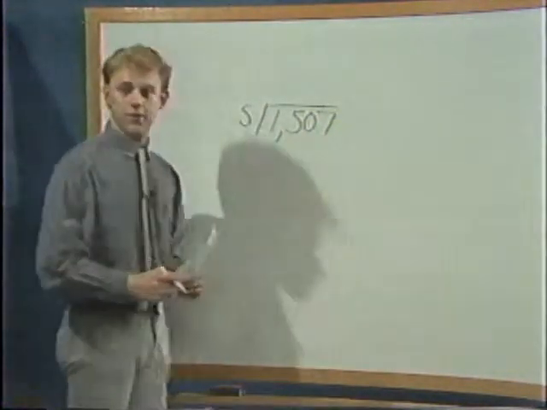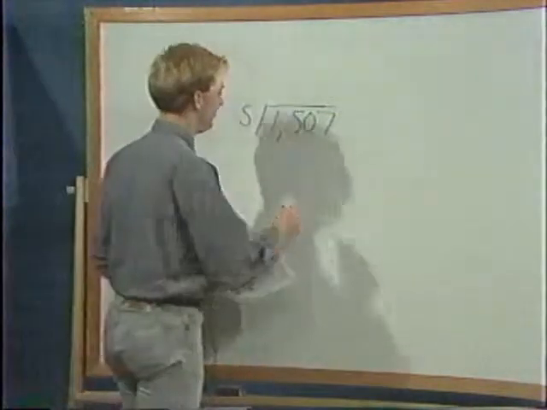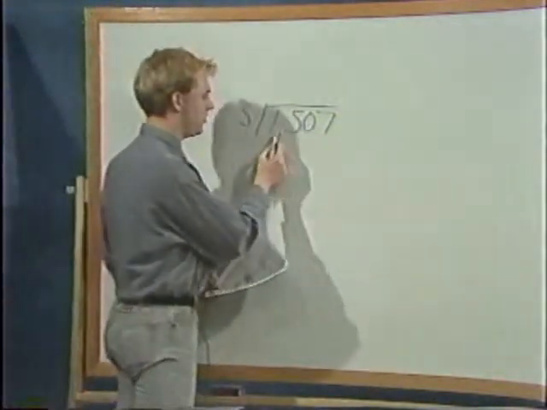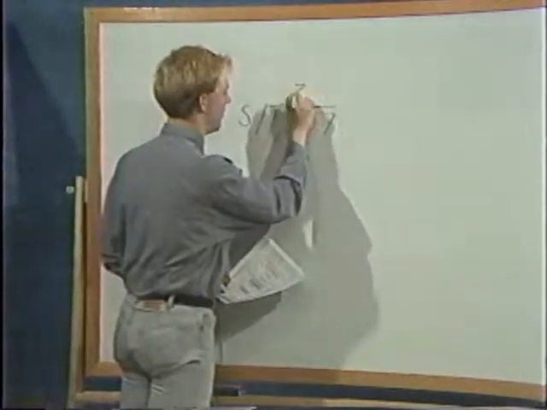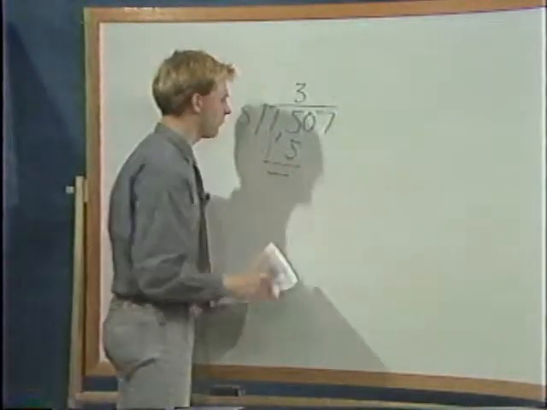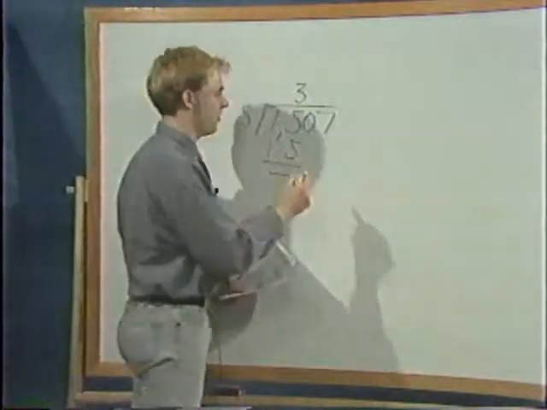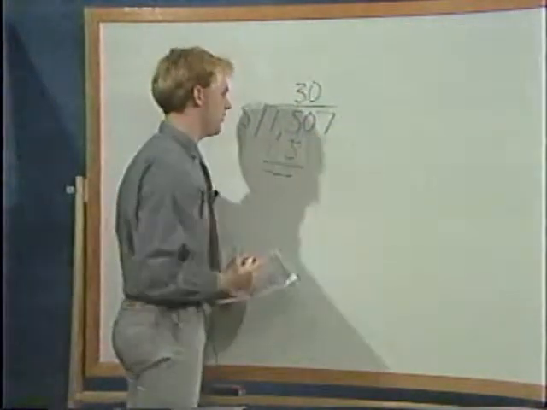Then you take 5 and divide it into the largest first two numbers. In this case, 5 will not go into 1, but it will go into 15 3 times with no remainder. It will not go into 0, so you put a 0 above this place.